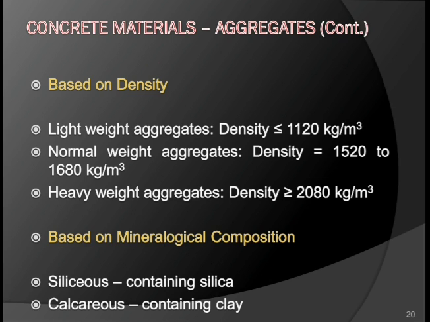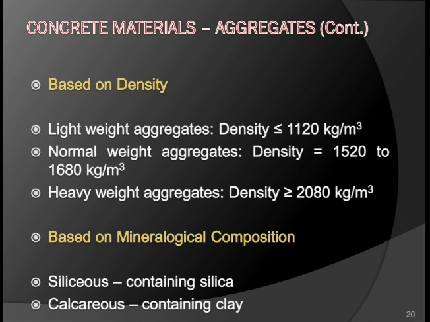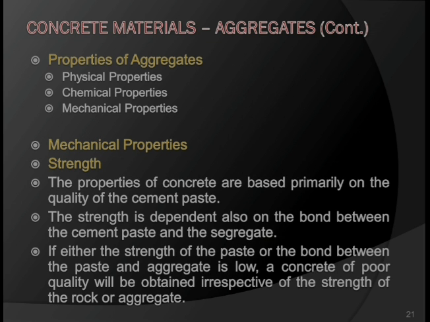If the silica content is more, then that aggregate is known as siliceous. And if the clay content is more, then that aggregate is known as calcareous. So this is the classification of aggregate based on density and mineralogical composition. Let's start with the properties of aggregate.